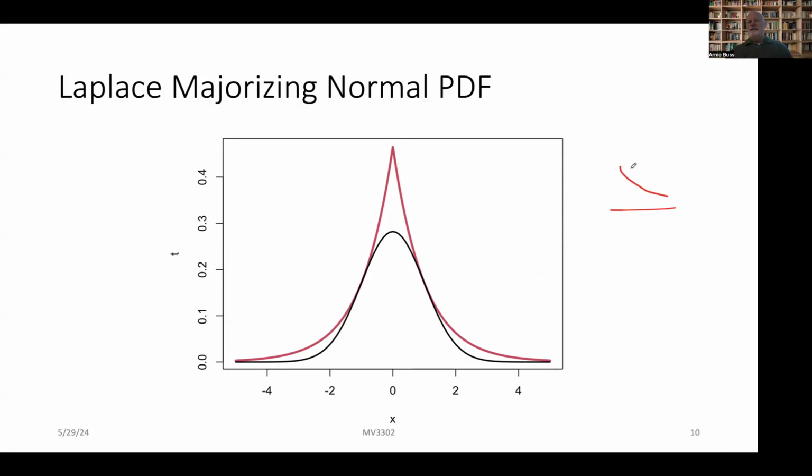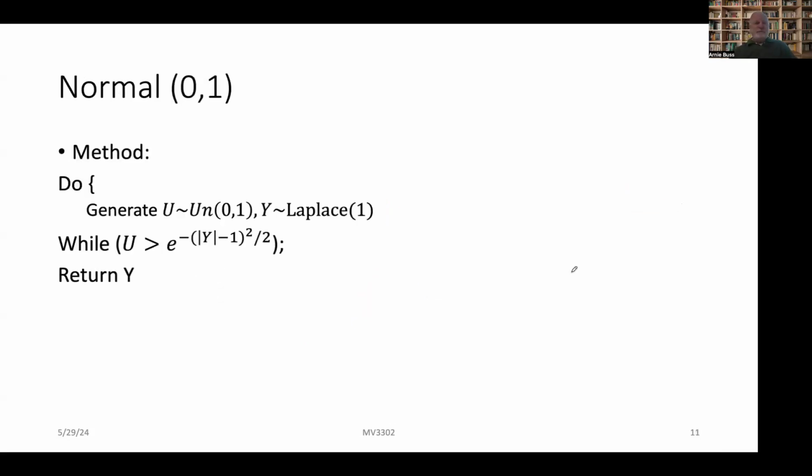We've seen the single exponential, right? That looks like this. The double exponential is just you rotate it around, so it's symmetric. So it roughly looks like the shape of a normal.